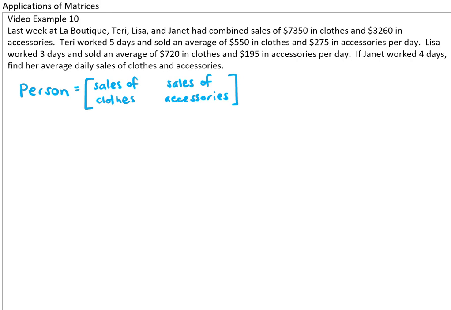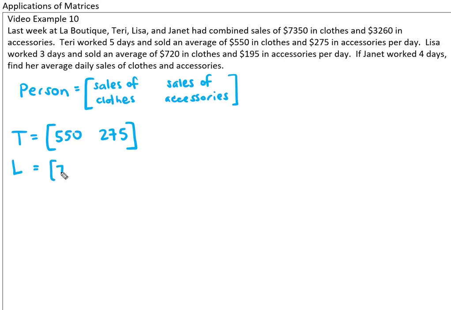And so I'm going to list these matrices. We have the T matrix. T will stand for Terry, and she had $550 in clothes and $275 in accessories sales every day. And then we had L for Lisa.